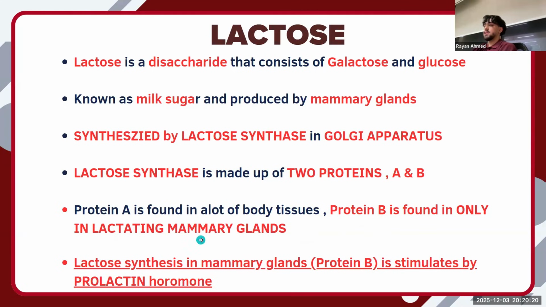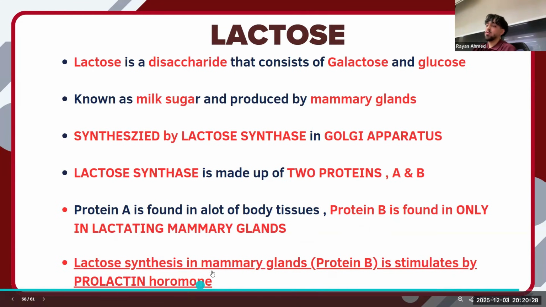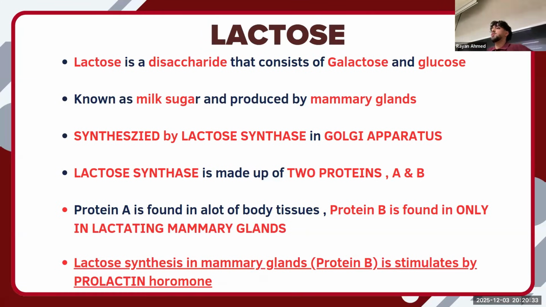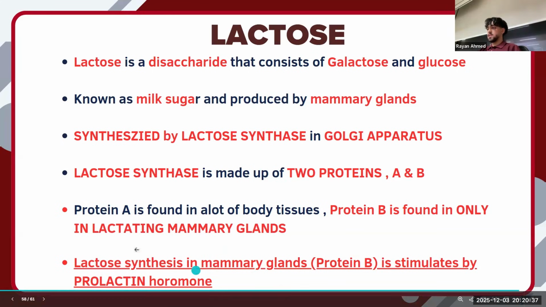And now you have lactose synthesis in mammary glands, which is protein B, stimulated by prolactin hormone. Very, very important. Prolactin hormone is the hormone that stimulates lactose synthesis in mammary glands, protein B. This hormone is very important. Please keep this in mind because I'm pretty sure they're going to ask you a question about it. Just by this one point, prolactin hormone.